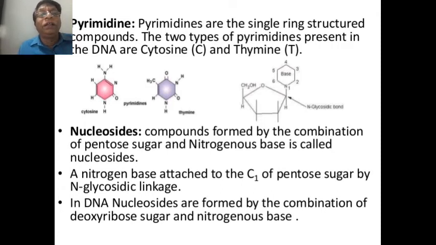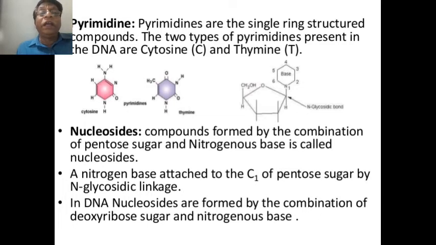So this is the difference between the DNA and RNA. That is, in DNA, thymine is present, but in RNA, instead of thymine, uracil is present.